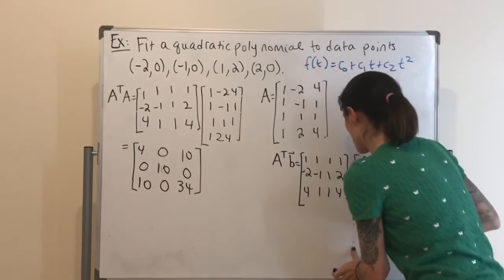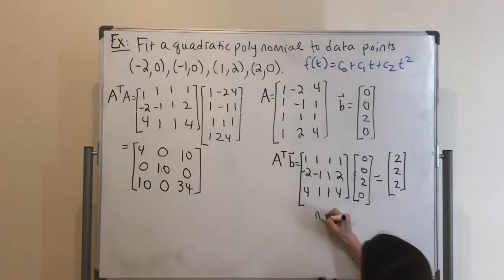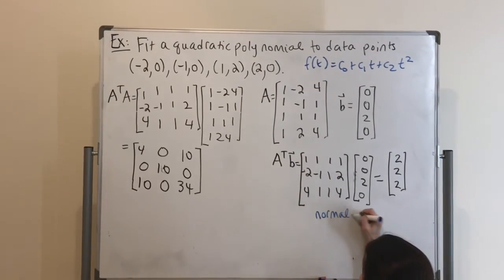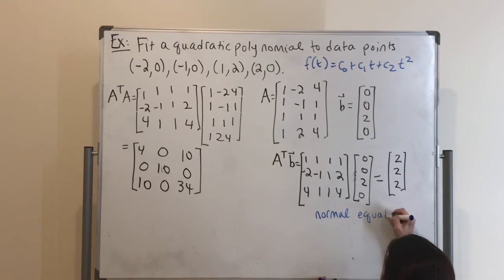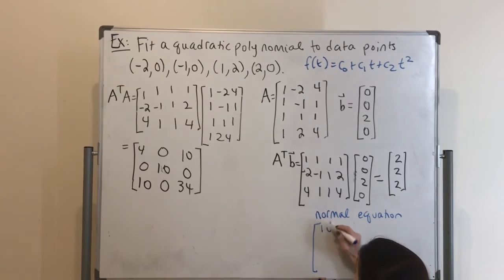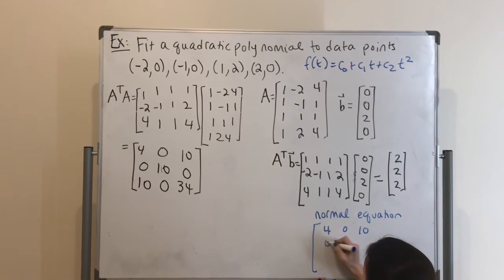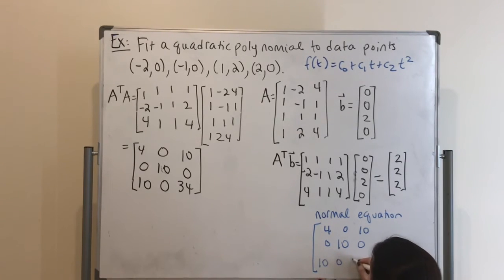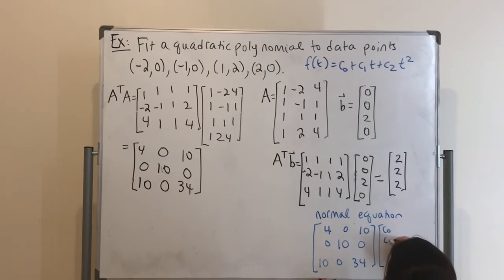Now let me write the normal equation here. 4, 0, 10, 0, 10, 0, and 10, 0, 34, times x1, x2, x3, or we had them actually C0, C1, C2, and this is equal to this.